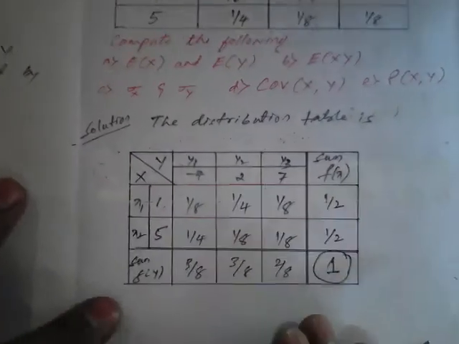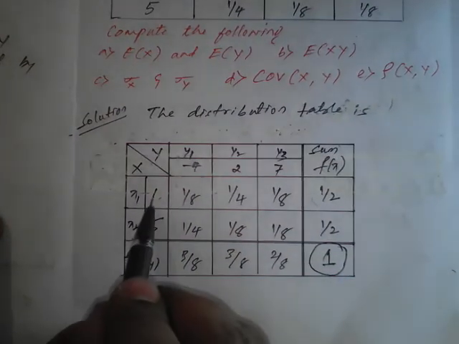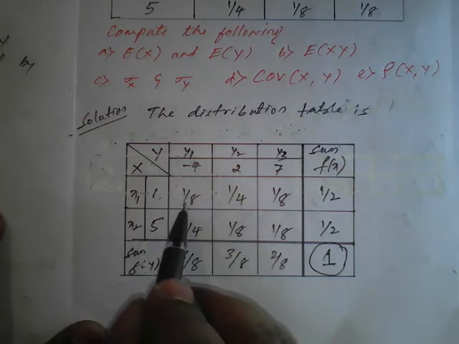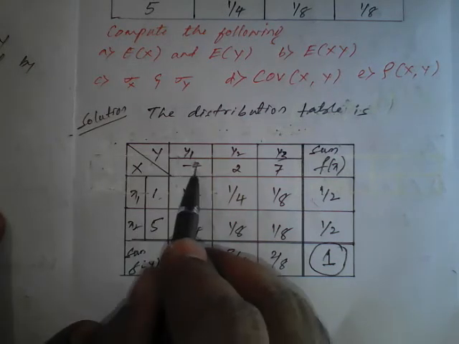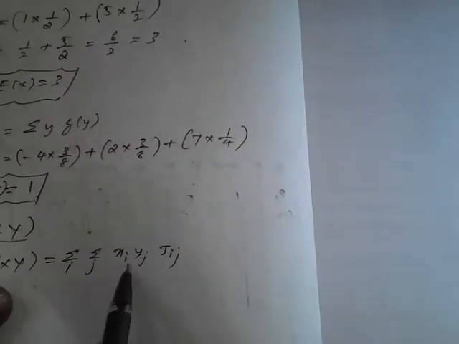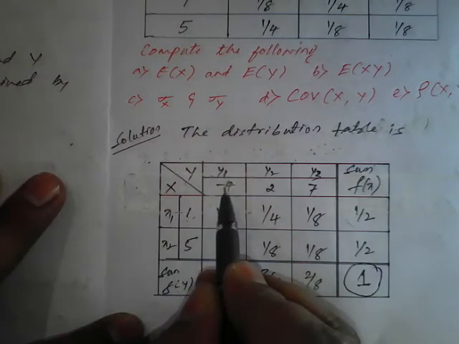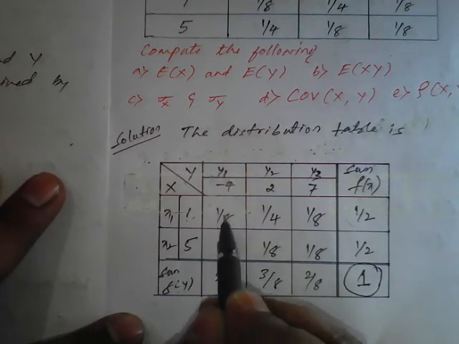Here this is the table. This is x1 y1 f of 1 1, that is x_i y_j f of ij, which is the x value, the y value and the joint probability. Here f stands for joint probability.